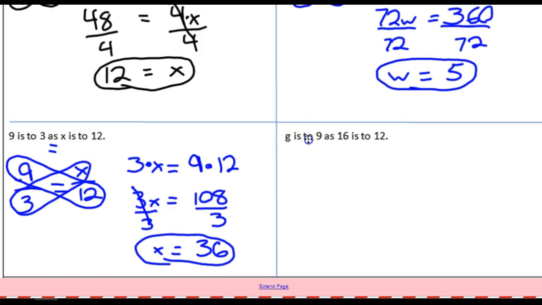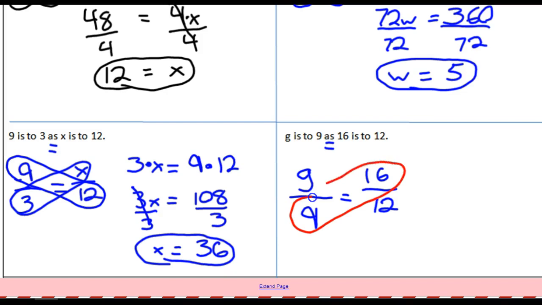Alright, another problem. G is to 9 as 16 is to 12. Remember the as is the equal sign, so G over 9 equals 16 over 12. We're going to cross multiply. Multiply across diagonally.